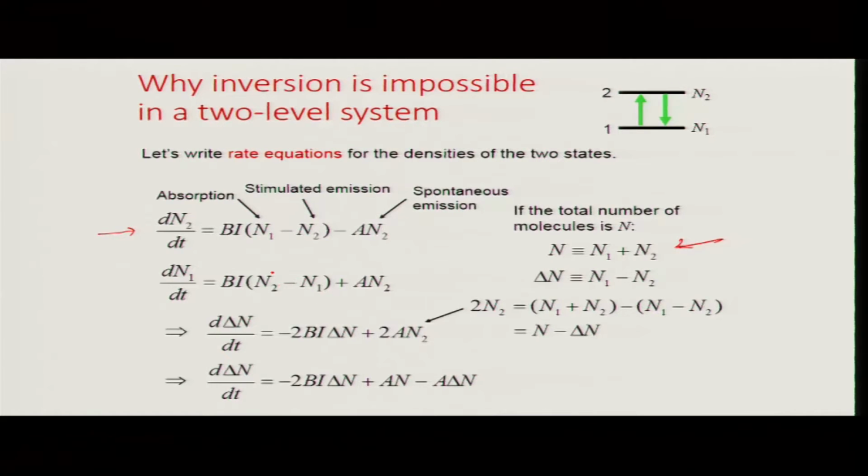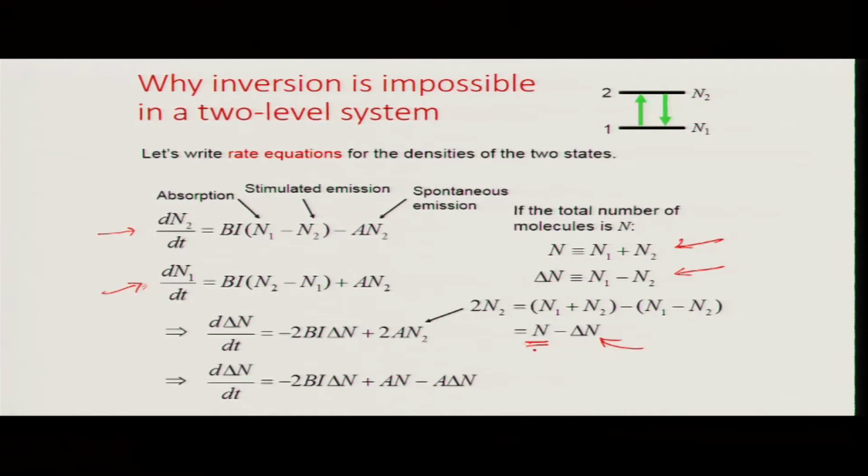And so, we can write the two different equations which will relate to the ground and the excited state dynamics. And by looking at the change of the total number, which is the difference between these two, we can write an expression in terms of the total number of molecules versus the change that we are looking at.